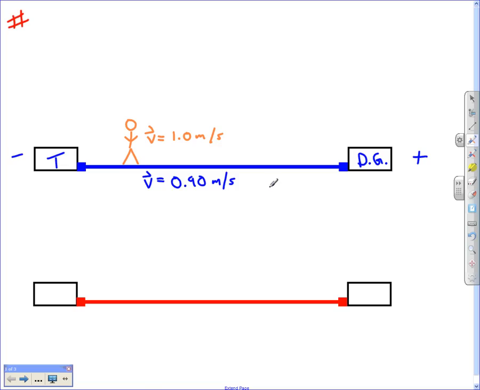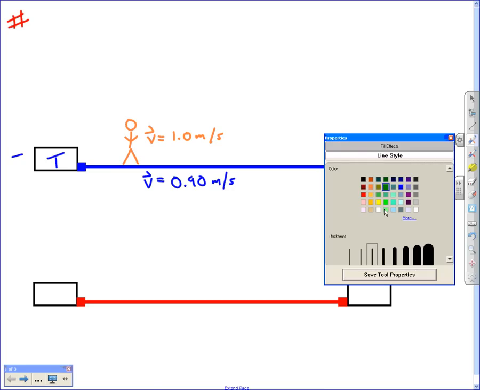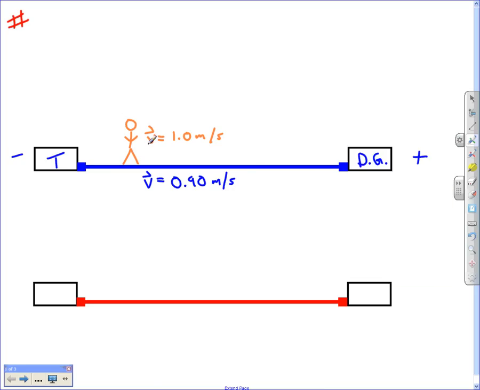Now the question is, what is the relative velocity to the ground? Well, the moving sidewalk is moving the man at 0.9 meters per second. He is moving himself at an additional 1 meter per second. So the total velocity of the man relative to the ground is going to be the addition of these two values.